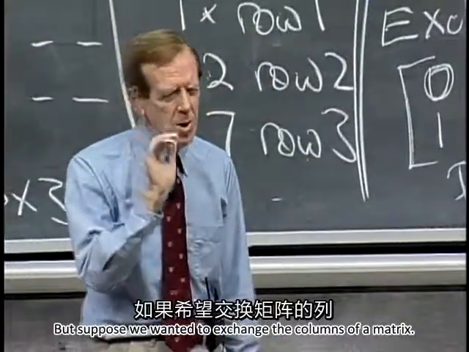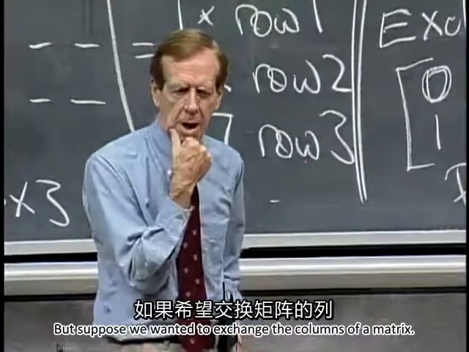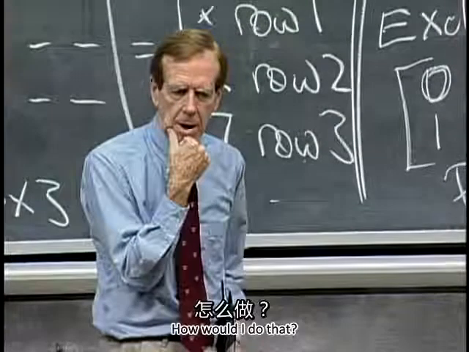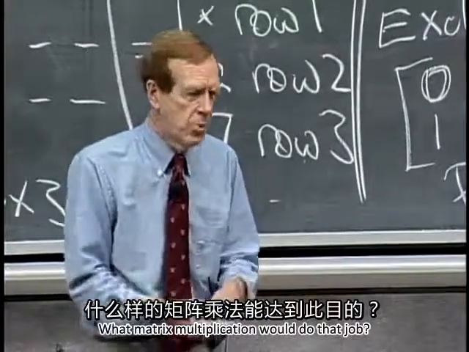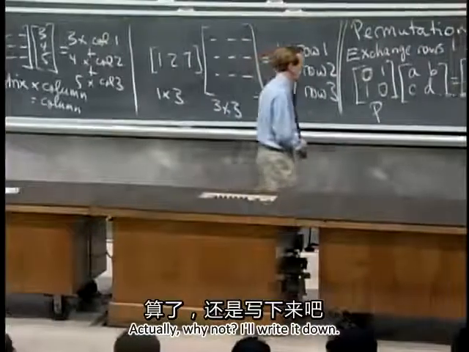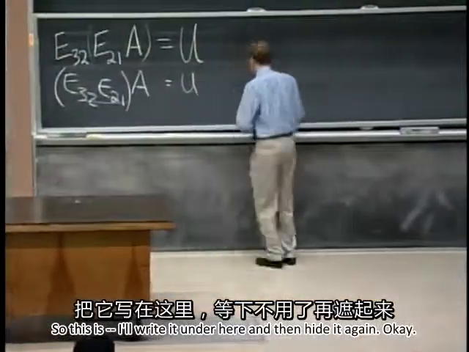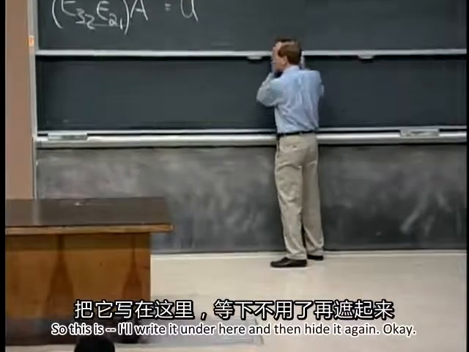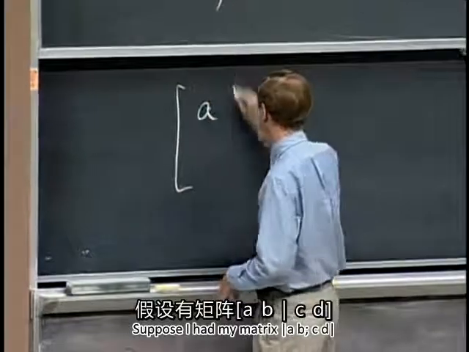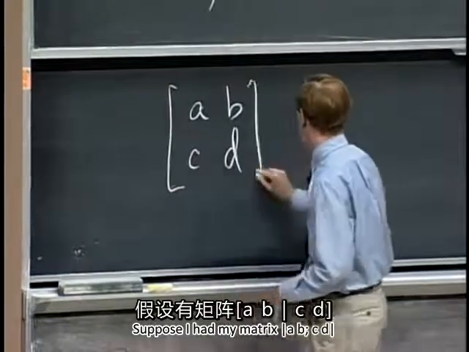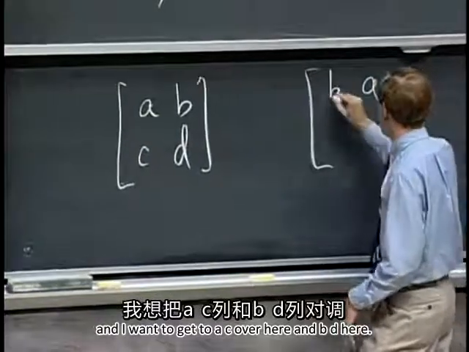But suppose we wanted to exchange the columns of a matrix. How would I do that? What matrix multiplication would do that job? Actually, why not? I'll write it down. I'll write it under here and then hide it again. Okay, suppose I had my matrix A, B, C, D, and I want to get to A, C over here and B, D here.